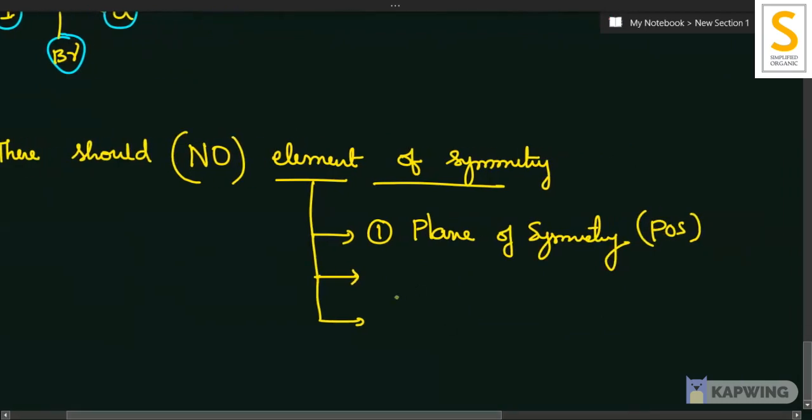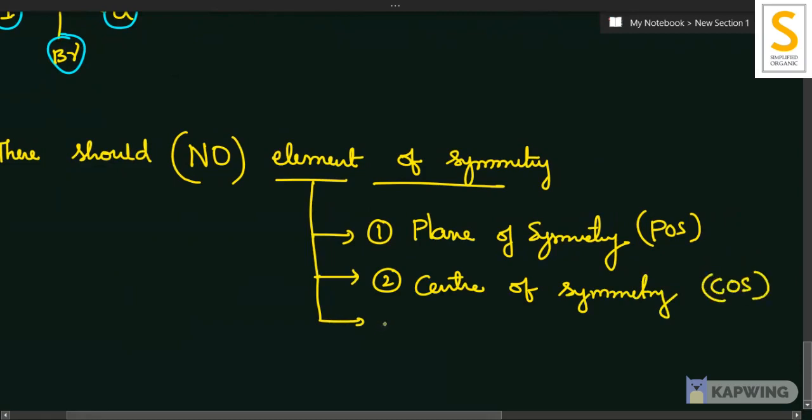Second one, center of symmetry, represented as COS. And the third one, axis of symmetry, called as AOS.